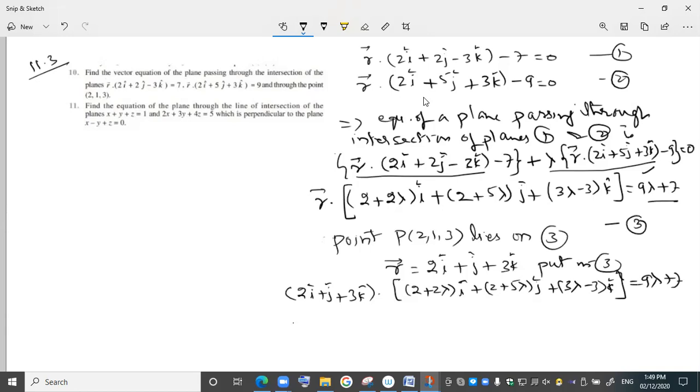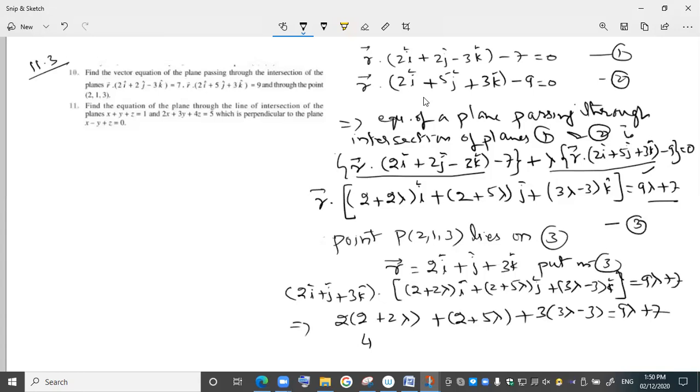So now dot product. So 2 will multiply with 2 plus 2 lambda. j is 1, so 2 plus 5 lambda, and 3 will multiply with 3 lambda minus 3, and right hand side is 9 lambda plus 7.